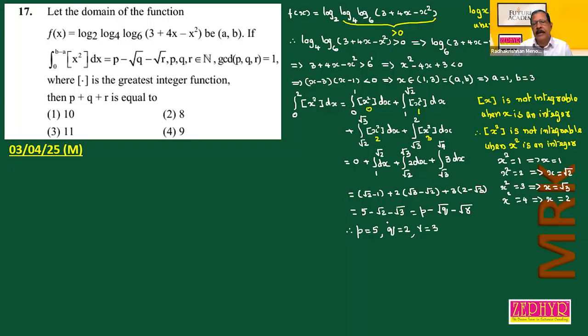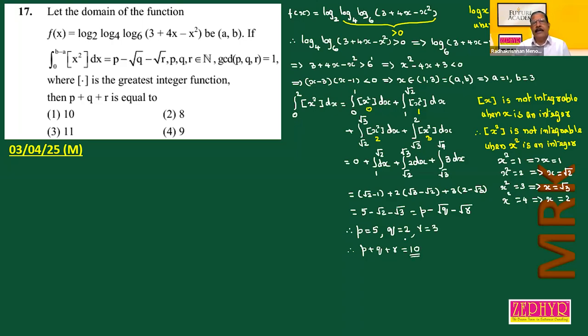So on comparing corresponding terms, we are able to find P, Q, and R. You are being asked to find P plus Q plus R. Now it is very easy. P plus Q plus R is equal to 10. That's the answer.